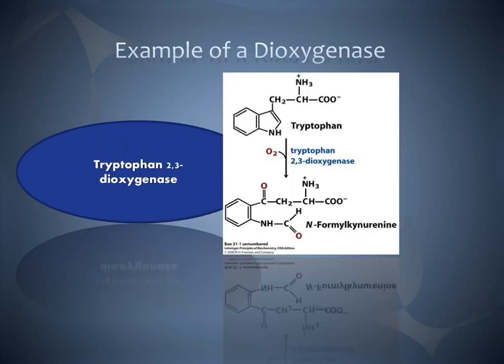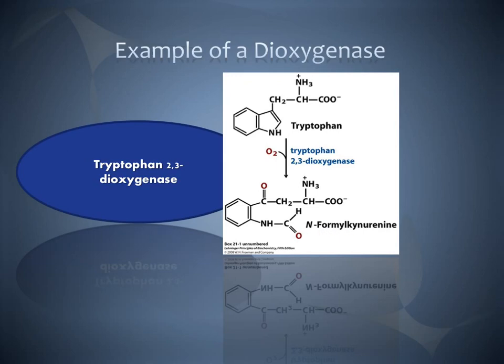Okay, so this is an example. This is tryptophan 2,3-dioxygenase. It should be fairly simple. We have tryptophan, hopefully you recognize, which is an amino acid. And now, if you notice, the O2, one oxygen atom gets added into the alkene, becomes a ketone, and then we also have added onto the nitrogen group an aldehyde. An old term for an aldehyde group is formyl, so that's what that formyl means.